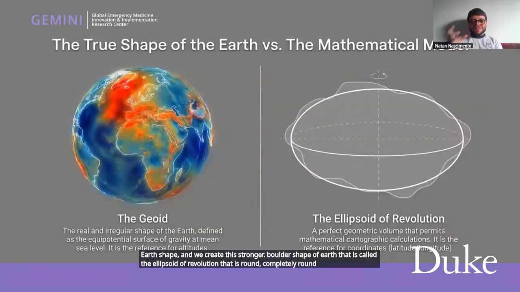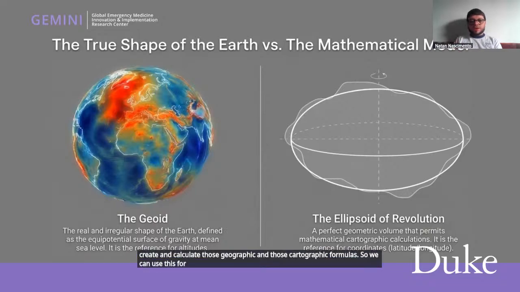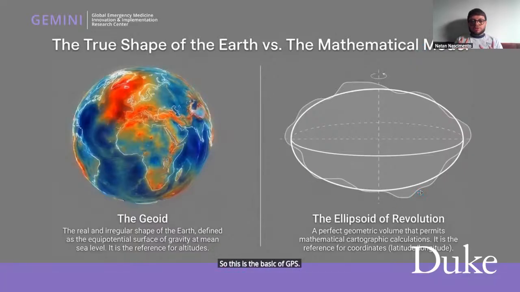And it allows us to calculate those geographic and cartographic formulas. So we can use this for coordinates, latitude and longitude. So this is the basis of GPS. We need to create something that is perfect geometrically because the Earth is not.